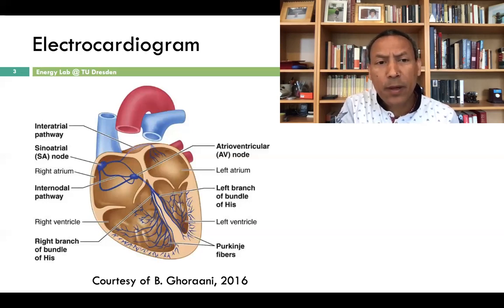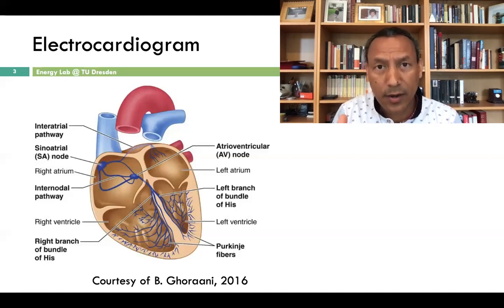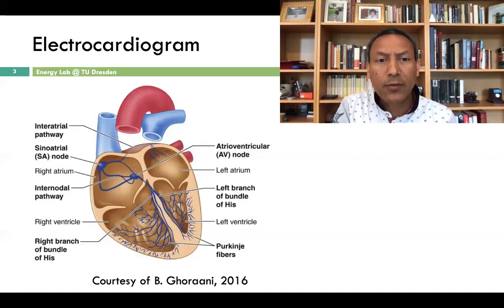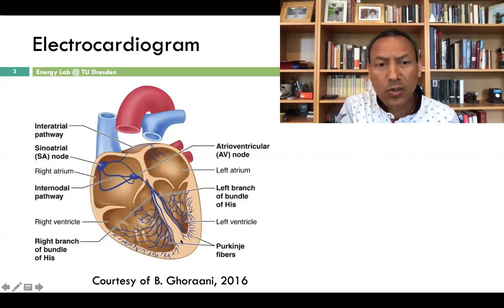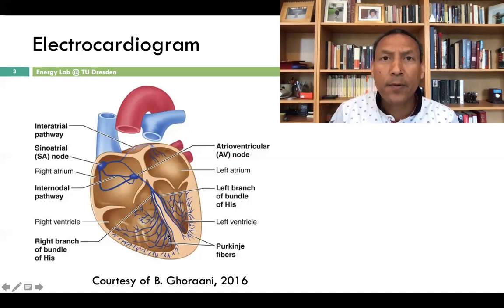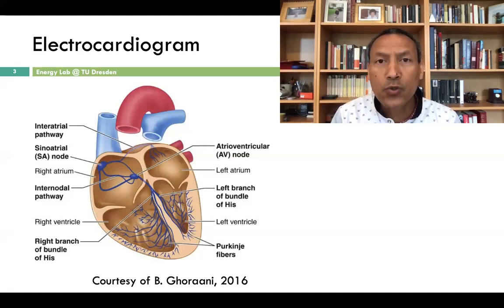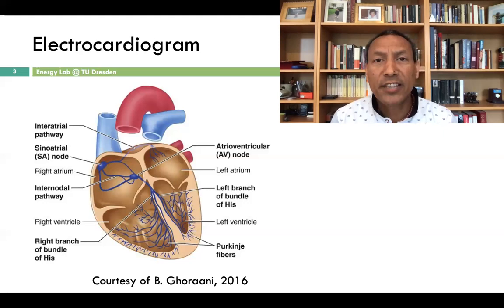And then from the His bundle, it branches into the left bundle branch and the right bundle branch. And then from these bundle branches, it propagates to the Purkinje fibers. These thin fibers are fused into the ventricular muscles. And when the electric impulse reaches the Purkinje fibers, it stimulates them.